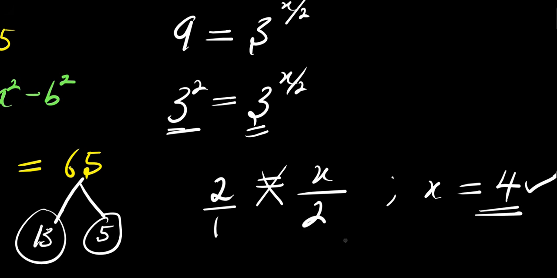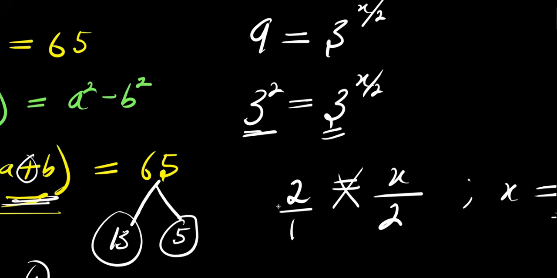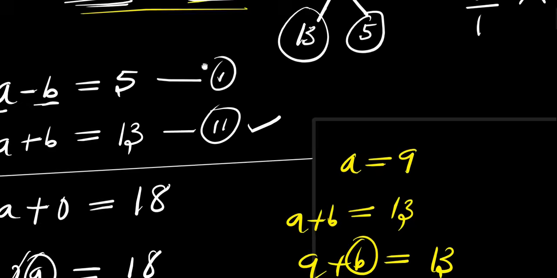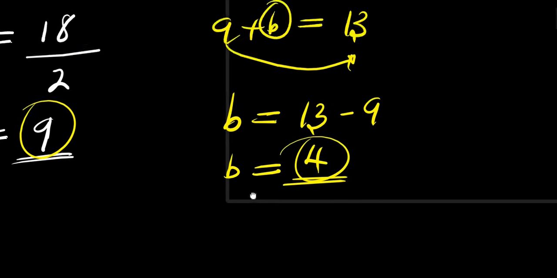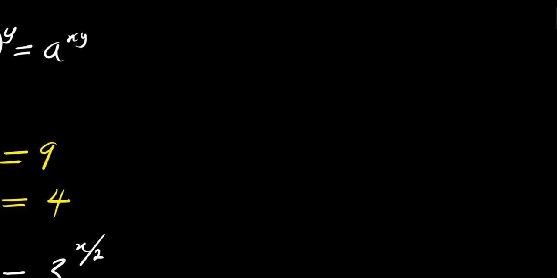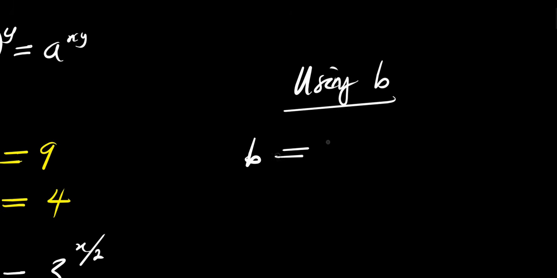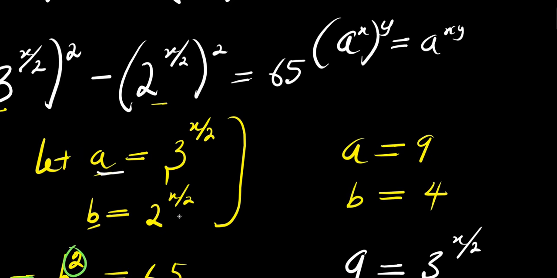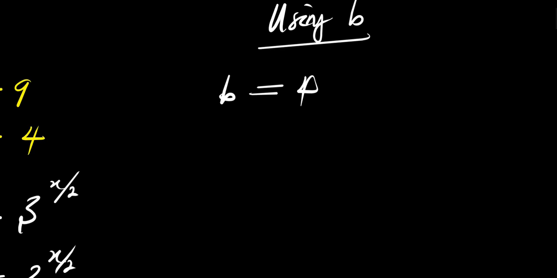That's our answer. Now, you can also solve this using b. Remember, what is our b here? Our b is 4. We can also get the value of x using b. The first one was using a. So using b, you have b equals 4. So let's get to the b equation. b equals 2 power x over 2.